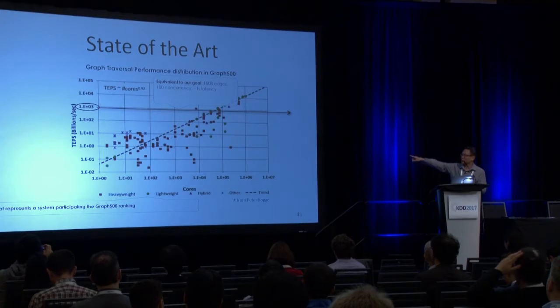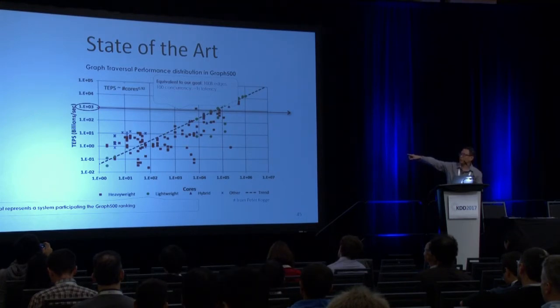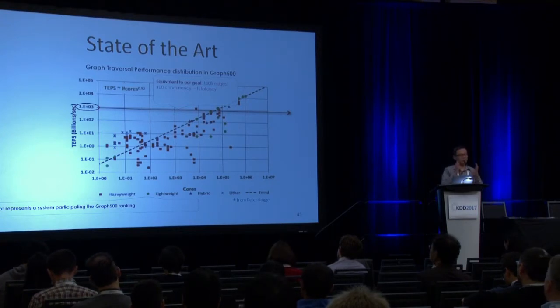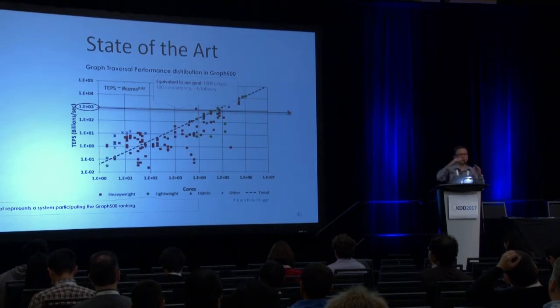So one thing interesting here is that if you look at the left bottom corner, you can see quite substantially the points go over the regression line, right? Why is that? Well, that means we know a lot about how to make the graph processing engine efficient, so that the performance can go over this regression line.